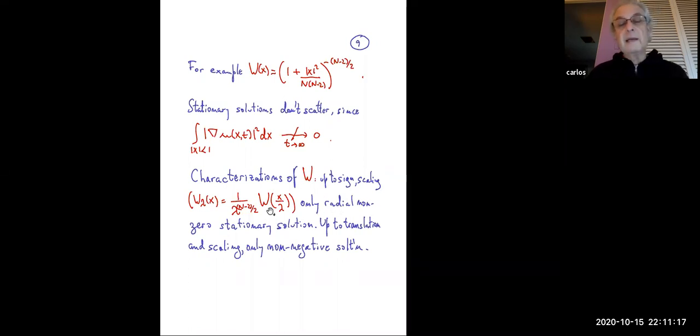Again, this is the result of extensive work in the theory of elliptic equations in the 80s. The other characterization of W is that up to translation and scaling, it's the only non-negative solution. Okay, this follows from work of Nirenberg and others.